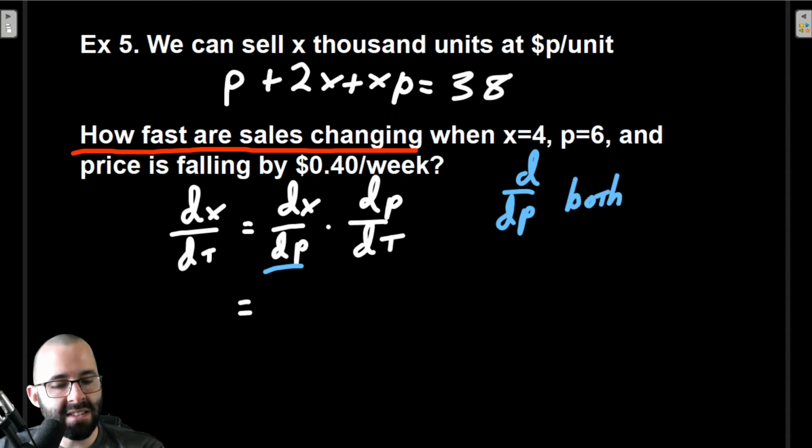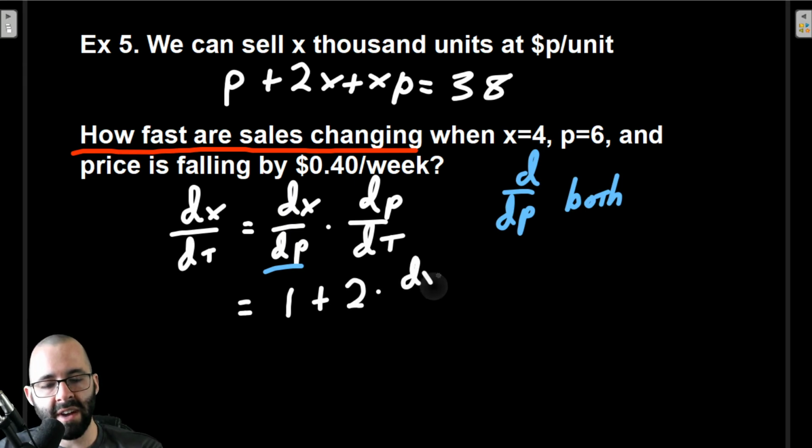And remember that X is a function of P. So when we dp both sides, derivative of P with respect to P is 1. Derivative of 2x with respect to P is 2 times the derivative of X with respect to P. Actually, hold on. Let's do this separately. We'll plug it in later. We have to solve for dx/dp before we can plug it in, right?